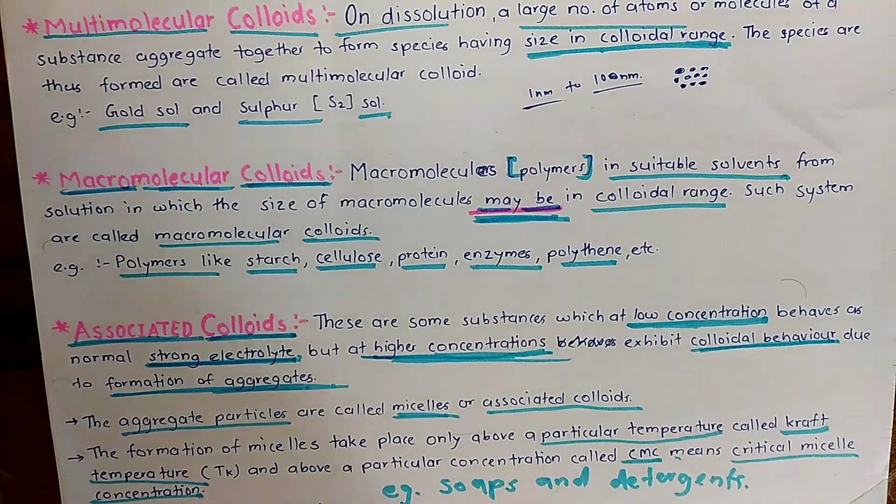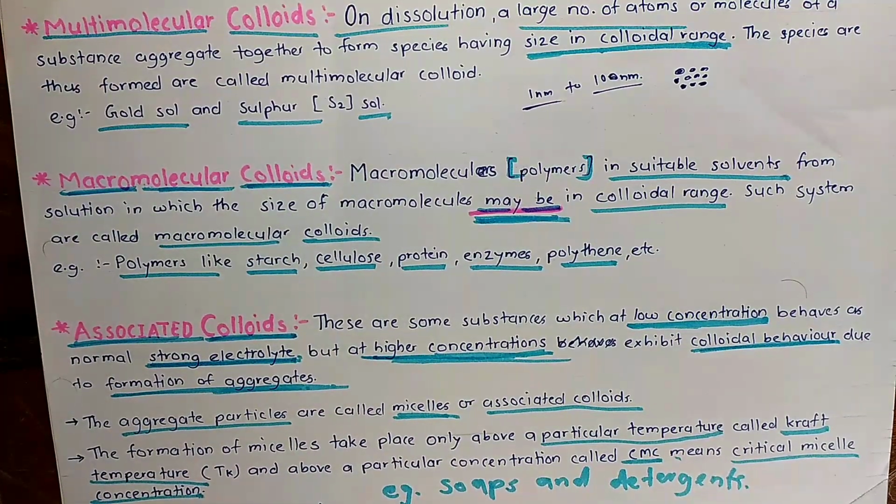Second point of associated colloids is that the aggregate particles are called micelles or associated colloids.